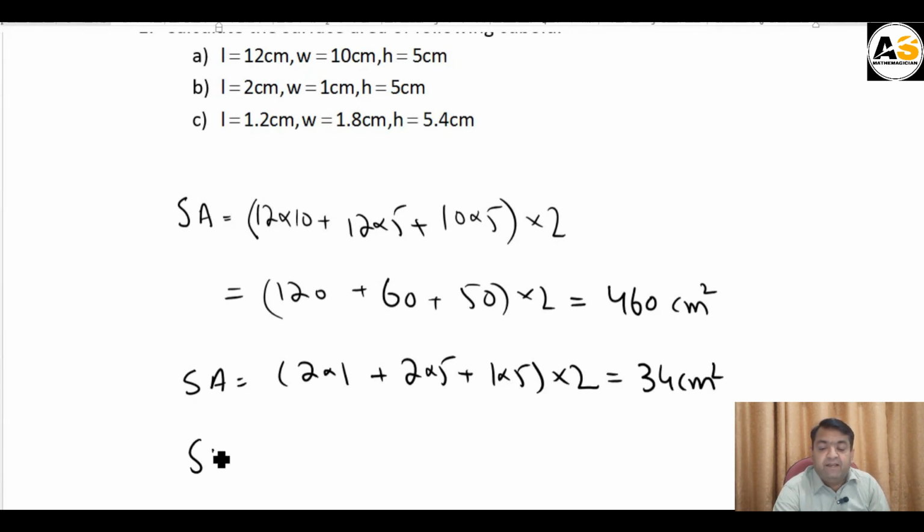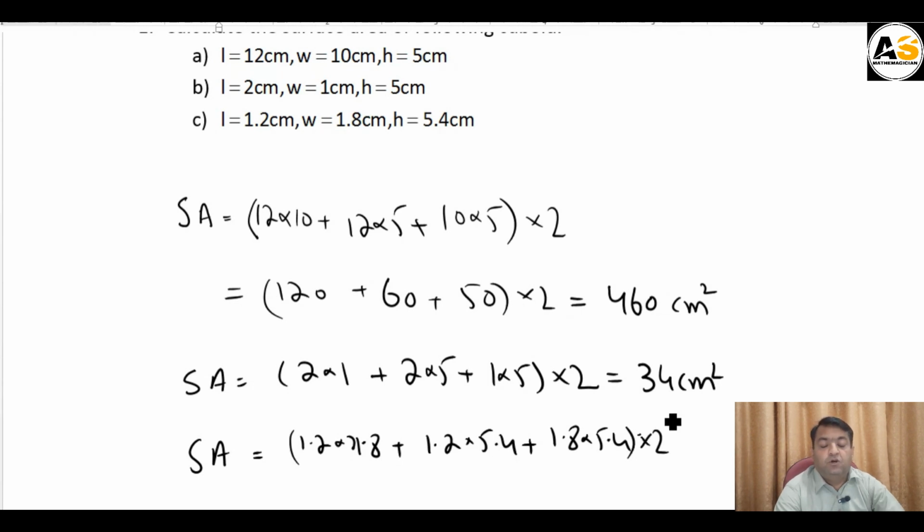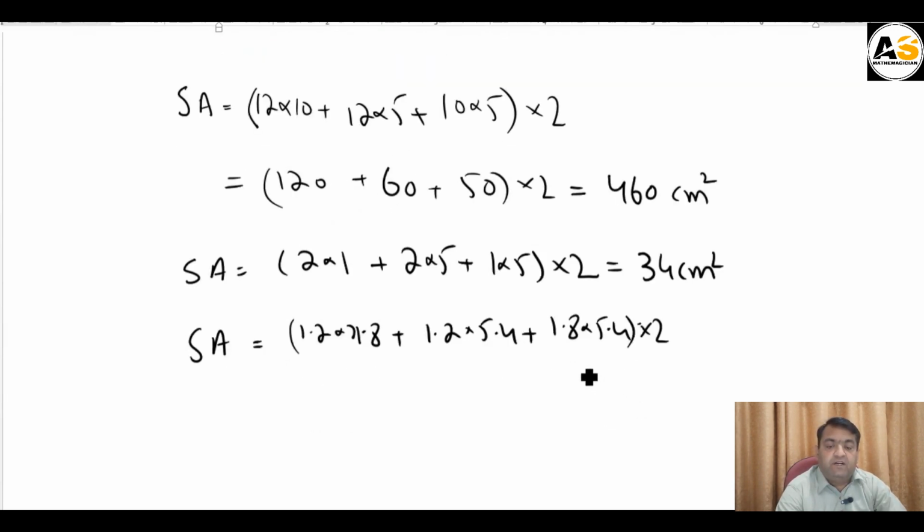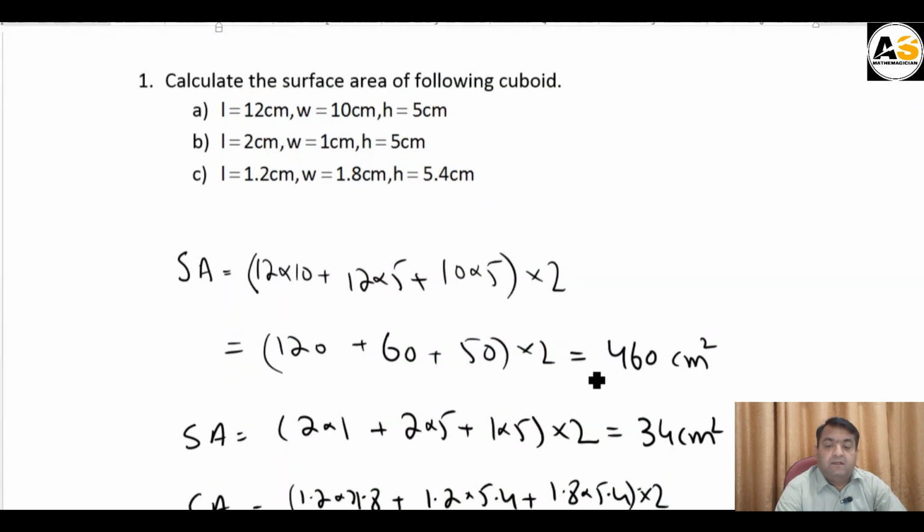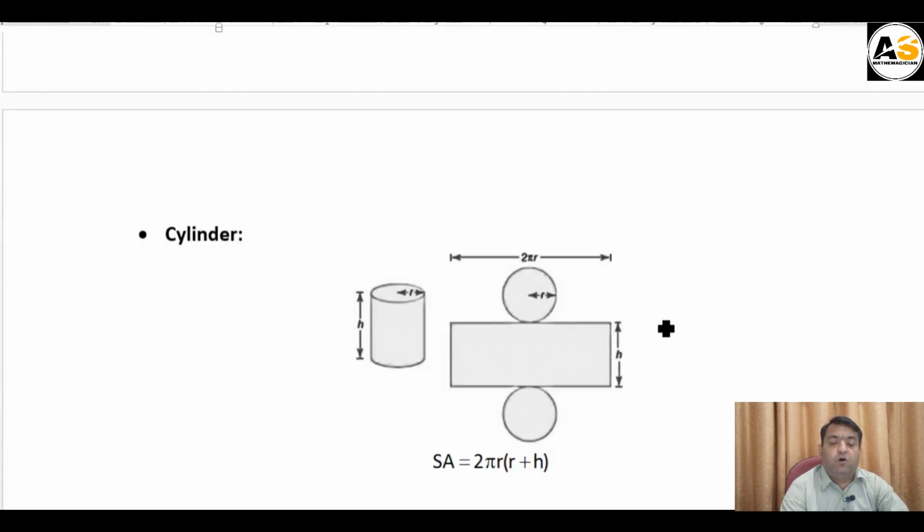In the same way, the surface area of the third part will be 1.2 multiplied by 1.8 plus 1.2 multiplied by 5.4 plus 1.8 multiplied by 5.4, and then you multiply it by 2. You can solve it to get your answer. It will be in centimeter squares. So this was how we find the surface area of a cuboid.